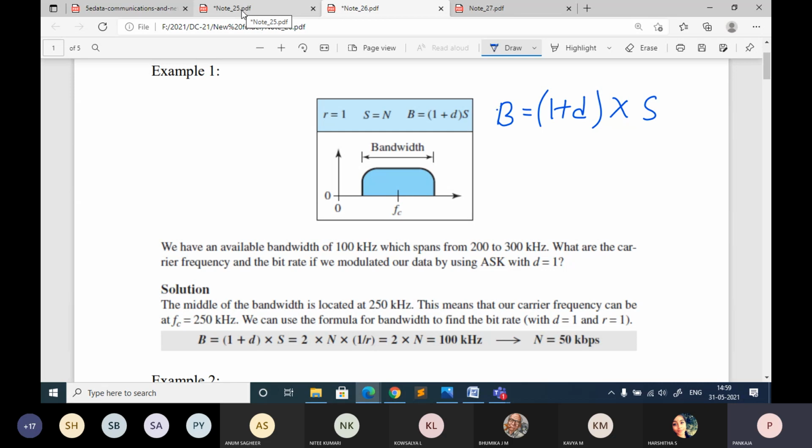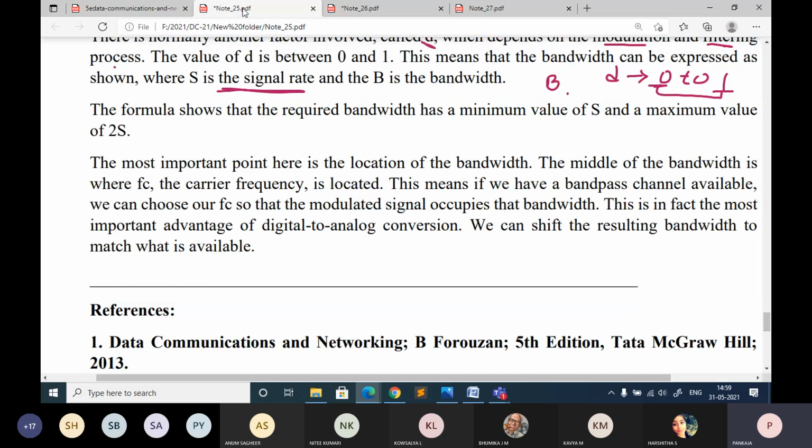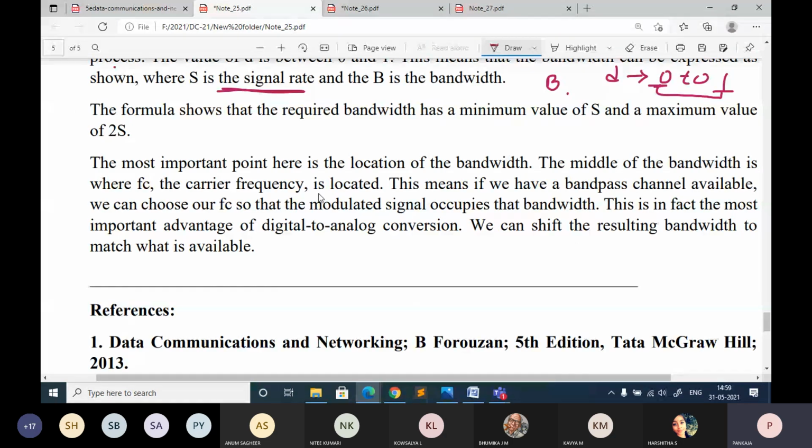There is one more important point: how to calculate or fix the carrier frequency value. Here is an important point about the location of the bandwidth. The middle of the bandwidth is where the frequency is considered, that is fc, the carrier frequency.